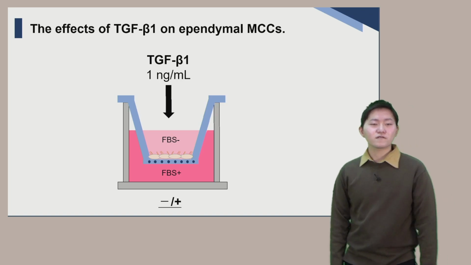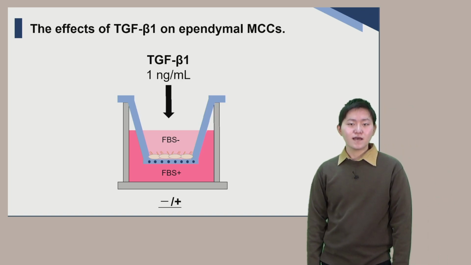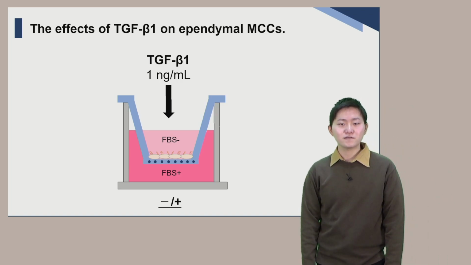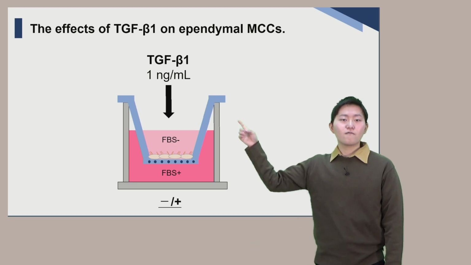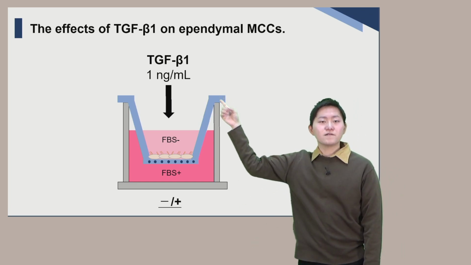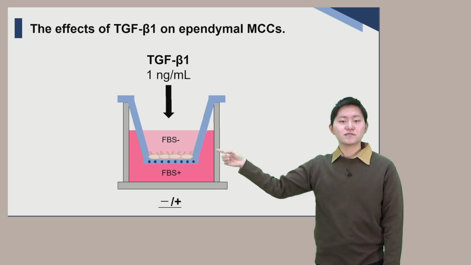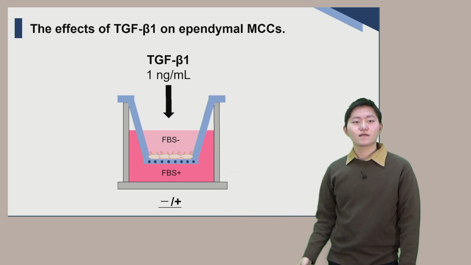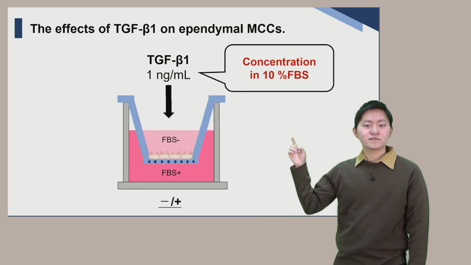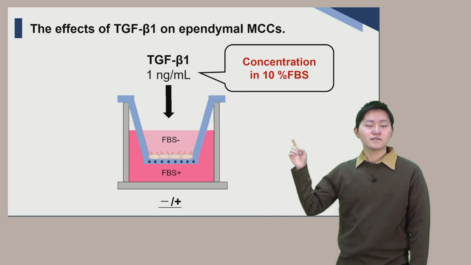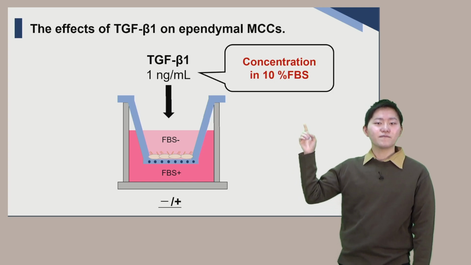Among several growth factors included in FBS, I focused on transforming growth factor β1 as a candidate inhibitory factor in FBS. 1 nanogram per milliliter of TGF-β1 was added in the upper chamber of the minus plus conditions. This concentration is comparable with that included in 10% FBS.